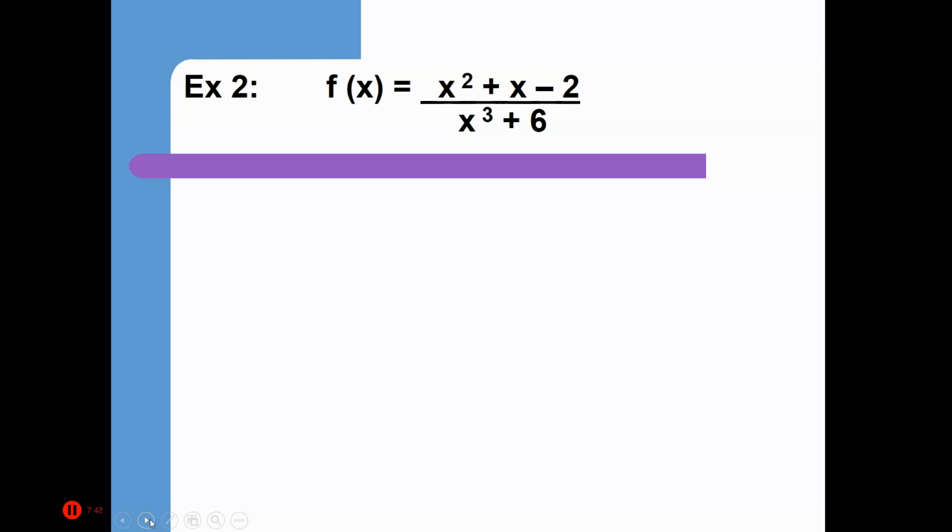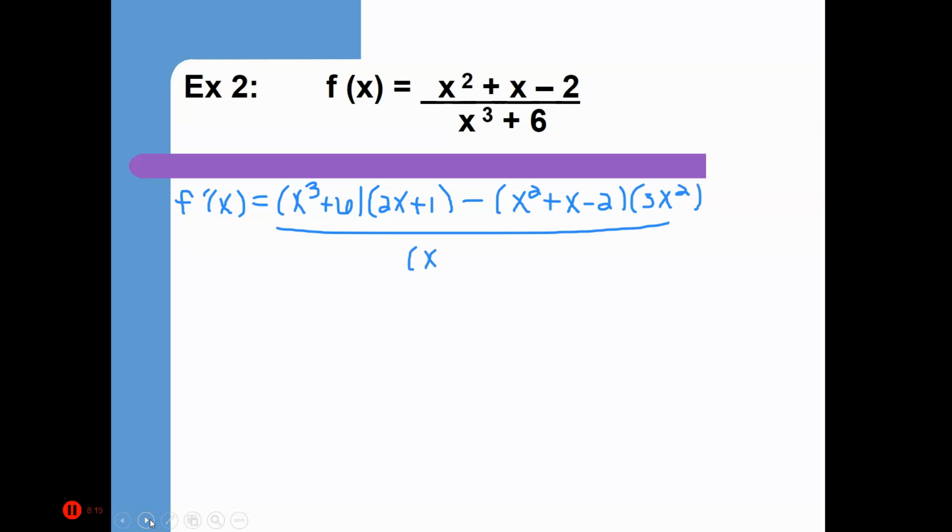All right, so let's do the quotient rule. F prime of x equals ho d high minus high d ho all over ho ho.